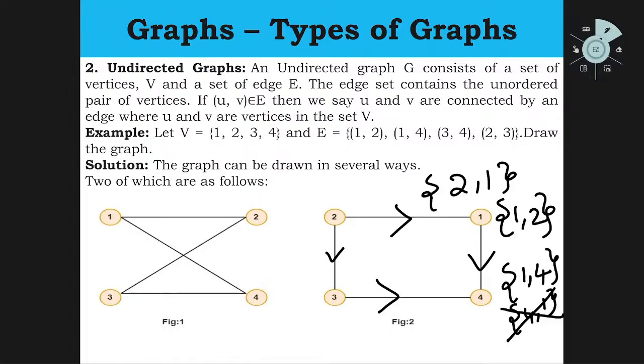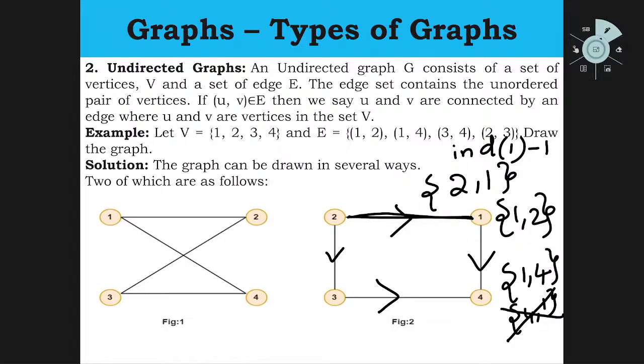Okay? So if there is a directed graph, if the direction is coming in this order, this is called the in degree of 1. Is that clear? What is in degree? The path which is coming towards 1 is called the in degree of 1. The vertex 1 has only 1 in degree.